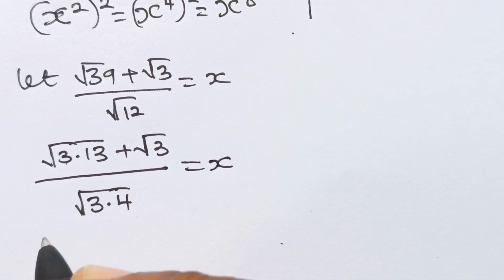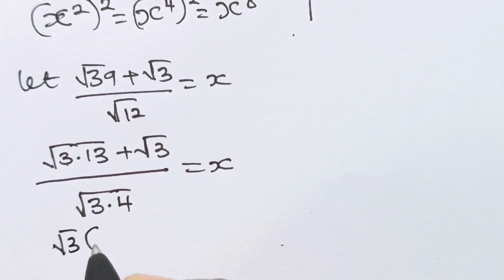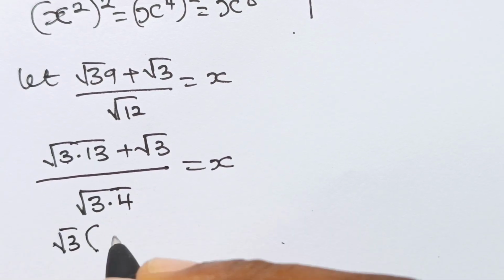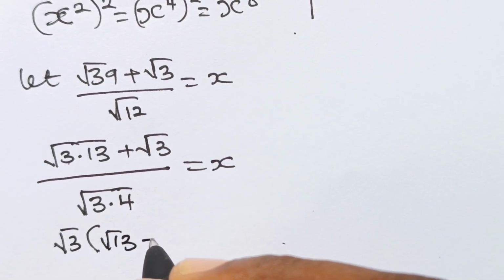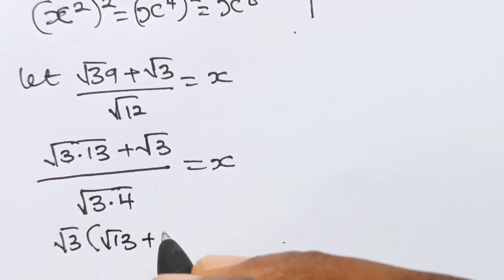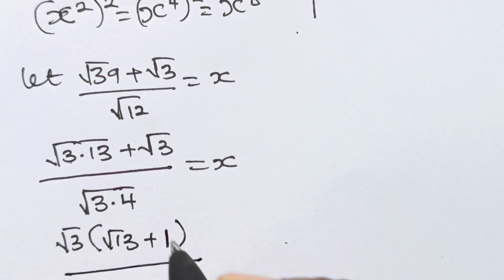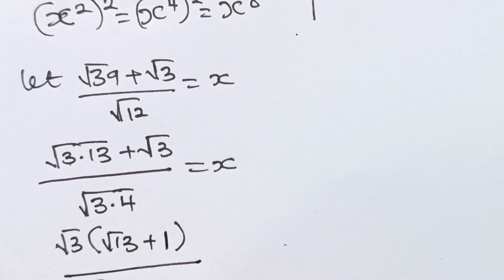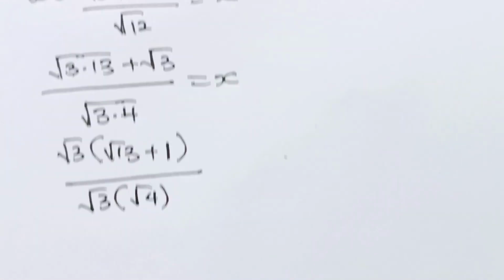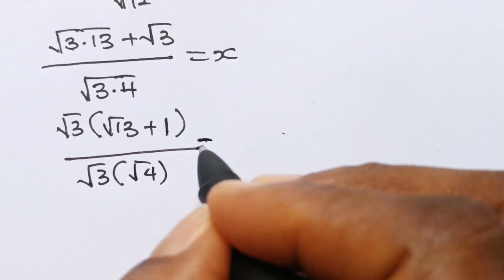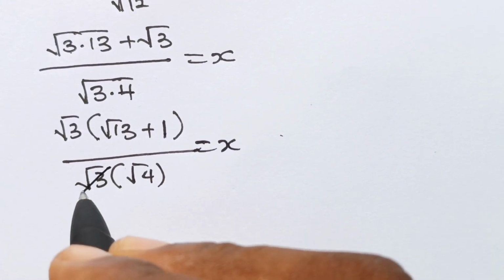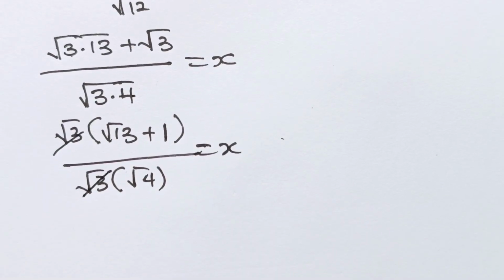So let's factorize root 3 since it's common. When this is divided by root 3, root 13 will remain. Plus when this is divided by root 3, 1 will remain. Divided by, when you bring out root 3 from here, root 4 will remain. Okay? Alright. So this is equal to x. Now root 3 will remove root 3.